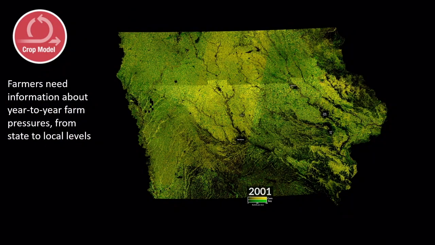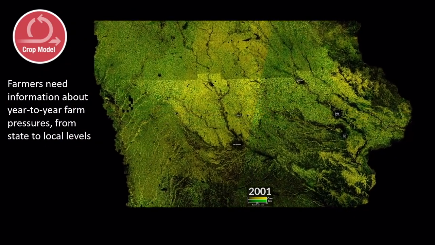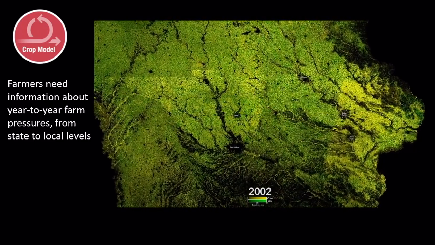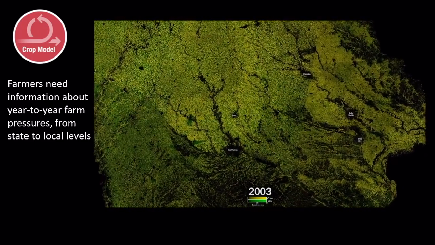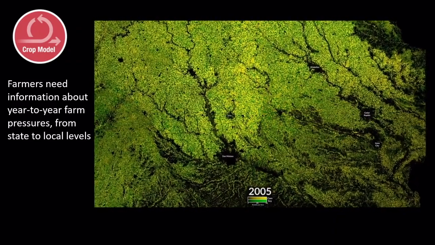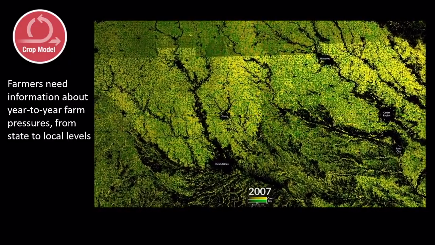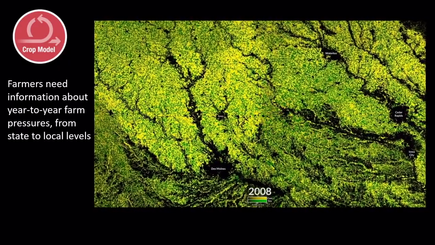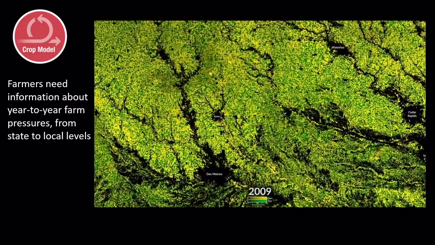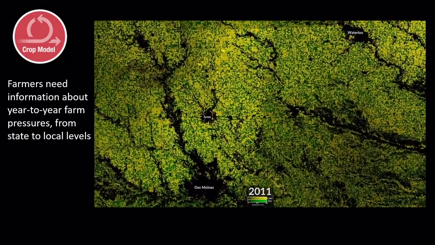So this is an example from the state of Iowa. You're looking at soy and corn yields over a couple of decades here. And this comes from that integration of Earth observations into crop models. So these are calculated yield numbers. The brighter the color, the higher the yield.